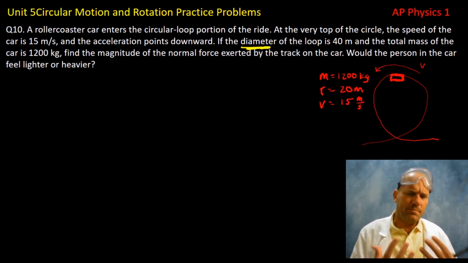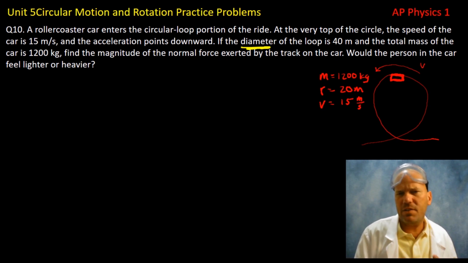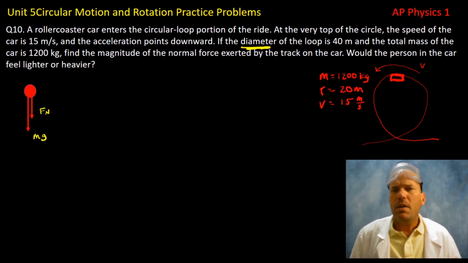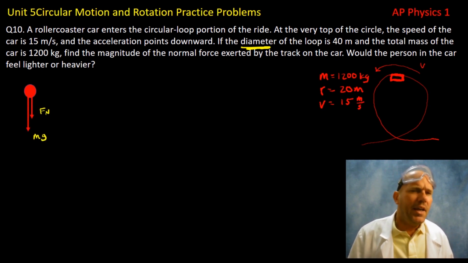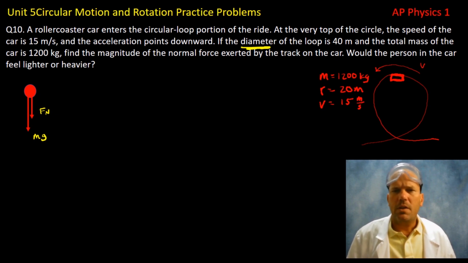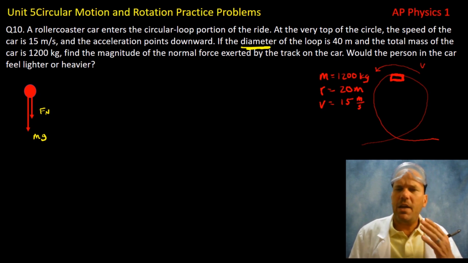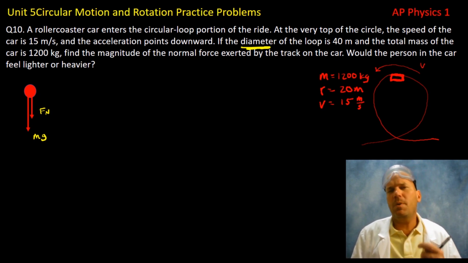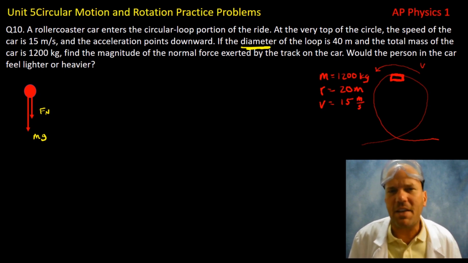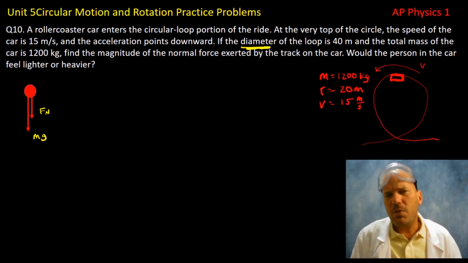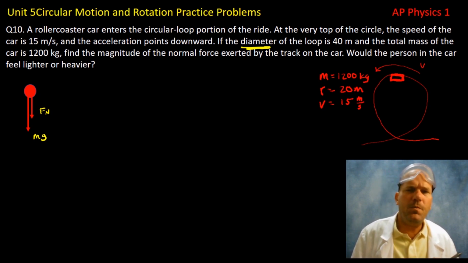So what would be the apparent weight of an individual in the car at the top of this loop on a roller coaster? Let us sum the forces here. First and foremost, please note, we have 2 inward forces. We have force normal pointing inward, but we also have the force of gravity, which is directed down and toward the earth, and it is also going to be our centripetal force.